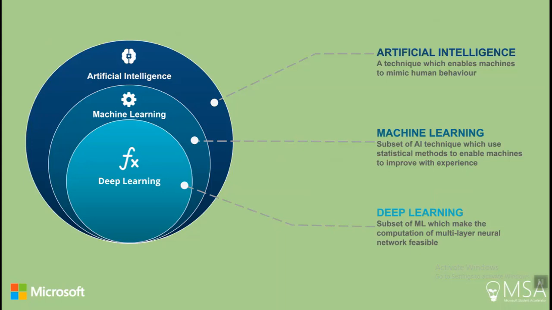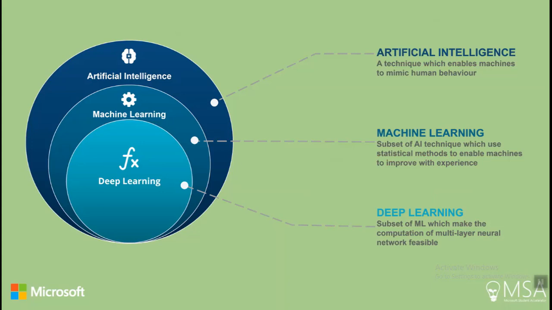So artificial intelligence is a very general term that basically has to do with creating intelligent behavior in computers that tries to mimic humans. So that's a very broad, not very well-defined word, artificial intelligence.